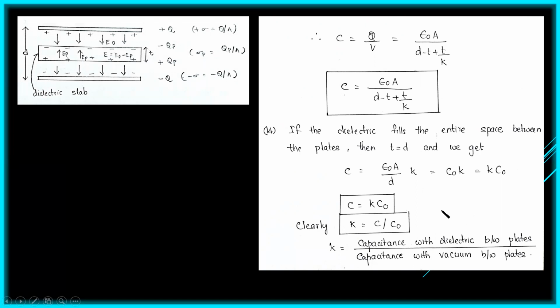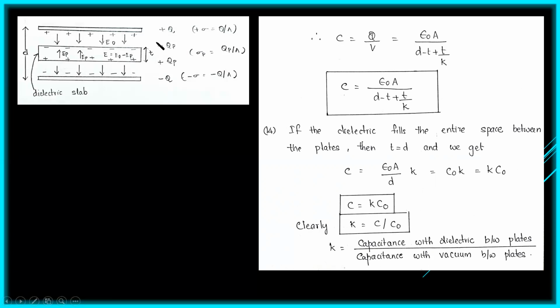K is the main thing that determines the capacitance of a capacitor. K is generally greater than 1. Therefore, when you insert a dielectric slab like this in between the plates of the capacitor, its capacitance increases by K times.